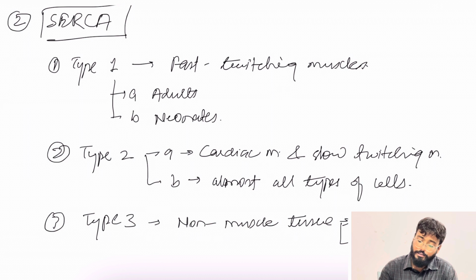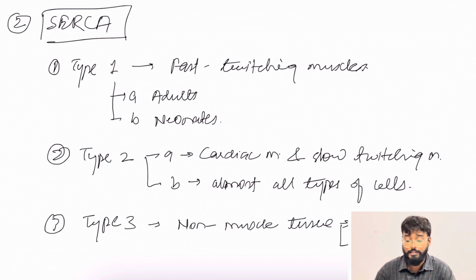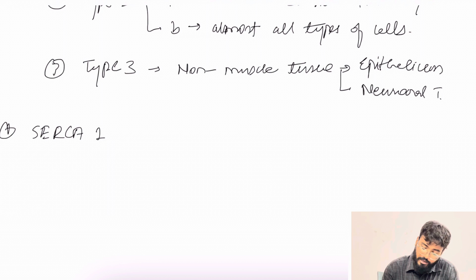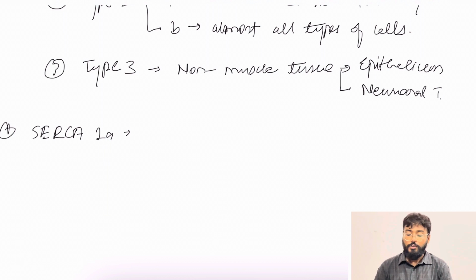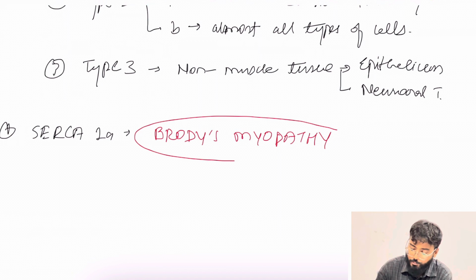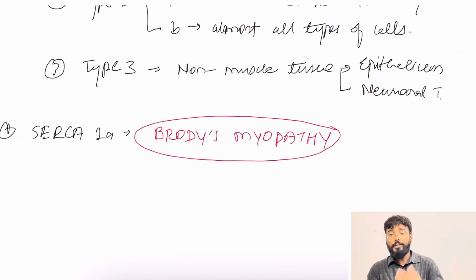Now let's quickly see what are the pathologies associated with these pumps. So first one, if you have defective SERCA 1A, the patient is going to have what is known as Brody's myopathy. So what is Brody's myopathy?